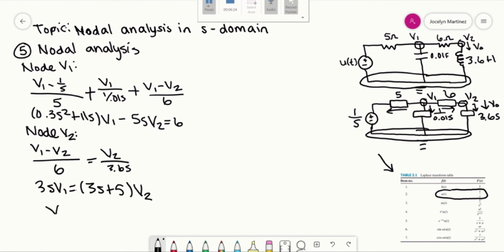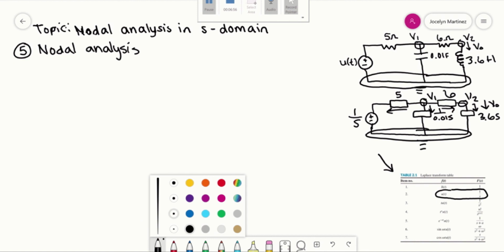Solving for V1, we get 1 plus 5 over 3S times V2. This makes the math easier because we have two equations, two unknowns, and we're trying to find V2, right? Because V2 is going to be equal to the voltage drop through the inductor. So we're going to essentially plug this into this equation and obtain V2.